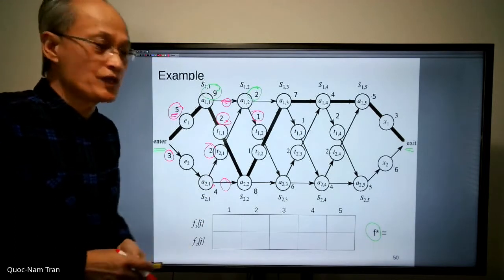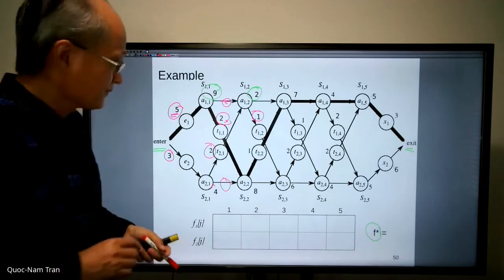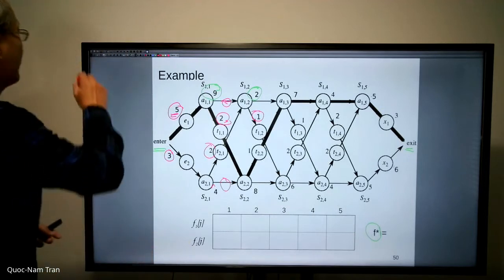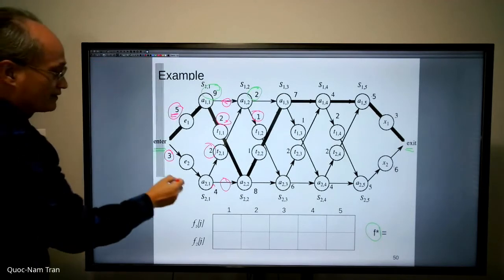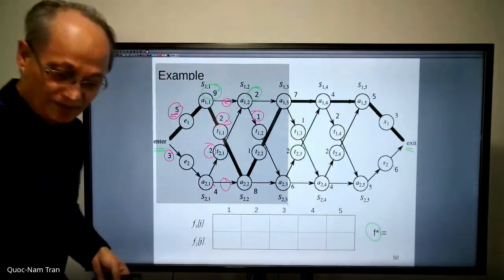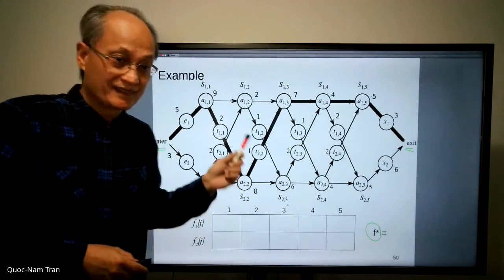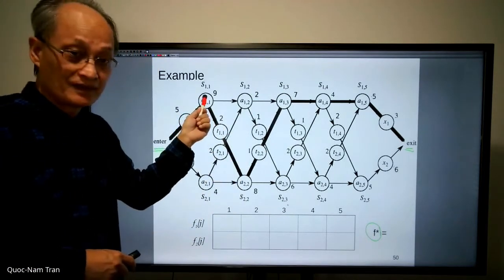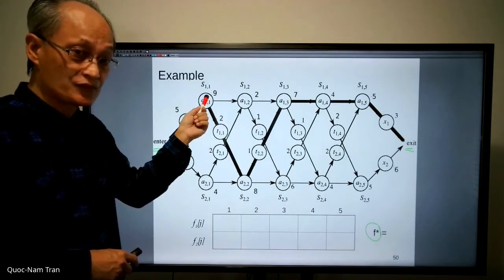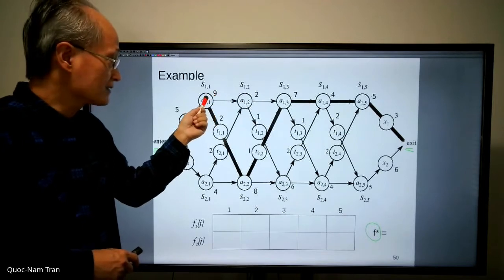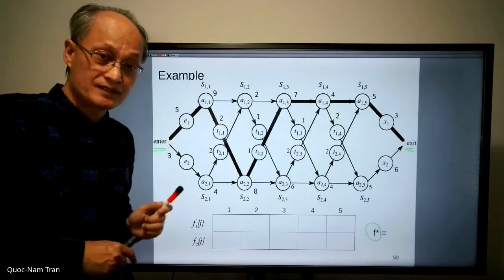But we can easily change this graph to make it ready for Dijkstra. How? How can we change it? Did you see the point? On this graph, we have to count the number for this station, right? 9 is the time that this station would need to finish the work, right?